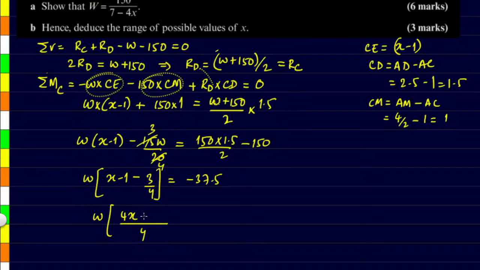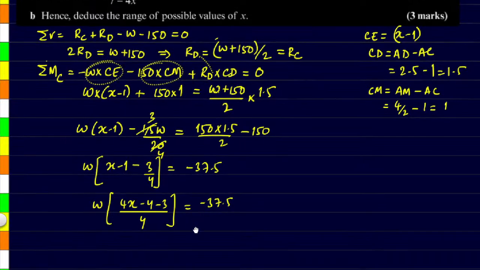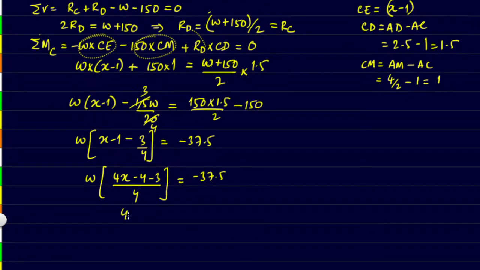So we get 4x minus 4 minus 3 equal to minus 37.5. So W into (4x minus 7) by 4. So W equals minus 37.5 into 4 by (4x minus 7).